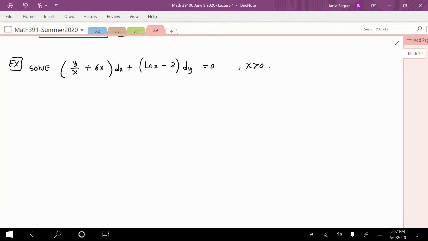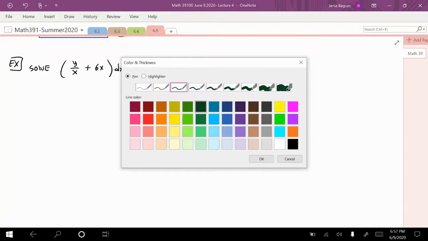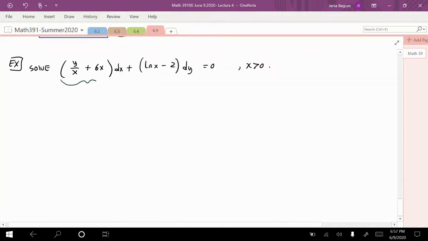I have a function tagged with dx, so I'm going to label that one m of xy, and I'm going to label this one n of xy because it's next to dy. So correctly identify your m and n.